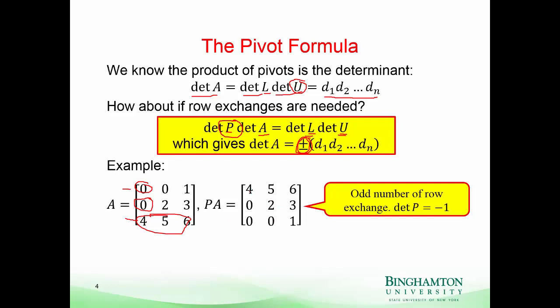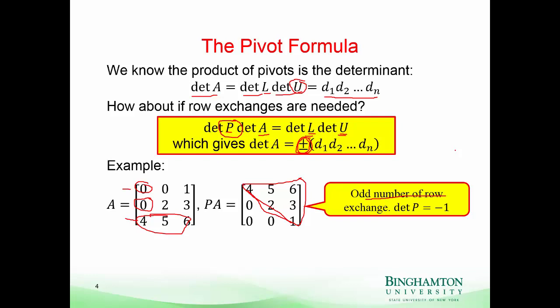So now we end up with numbers down the diagonal. This is already in upper diagonal form, so our L in this case would just be the identity matrix, and we had an odd number of row exchanges, and we saw in an earlier set of notes that a single row exchange causes a sign change.